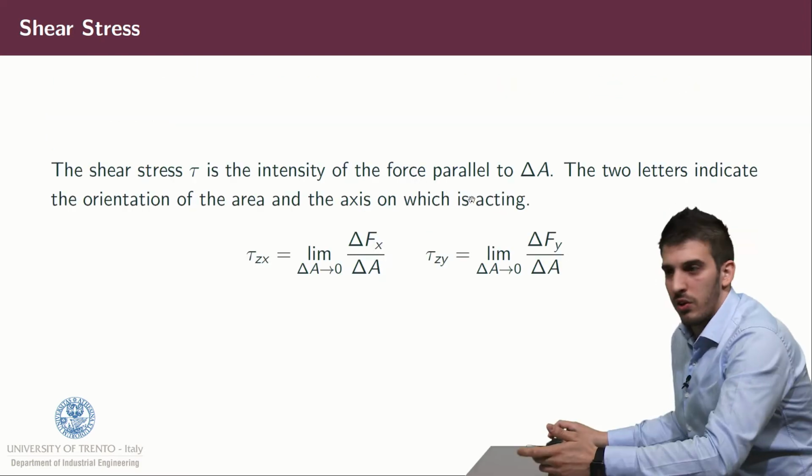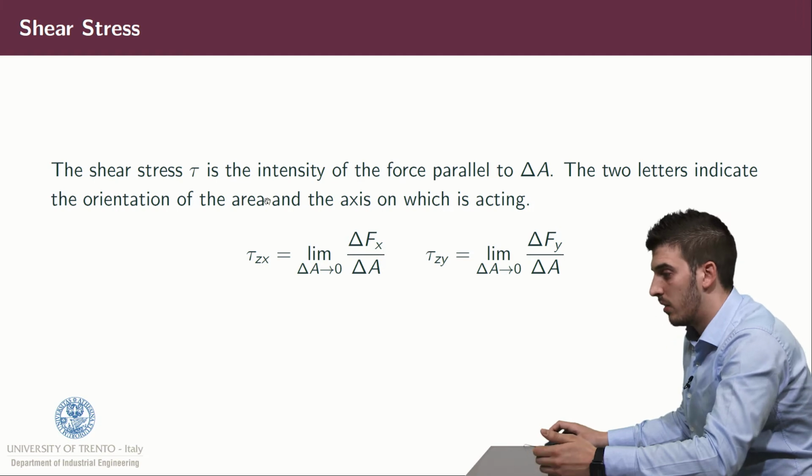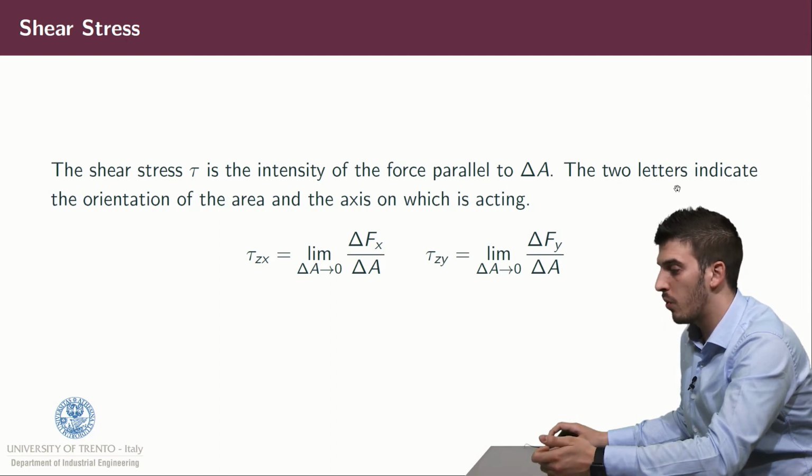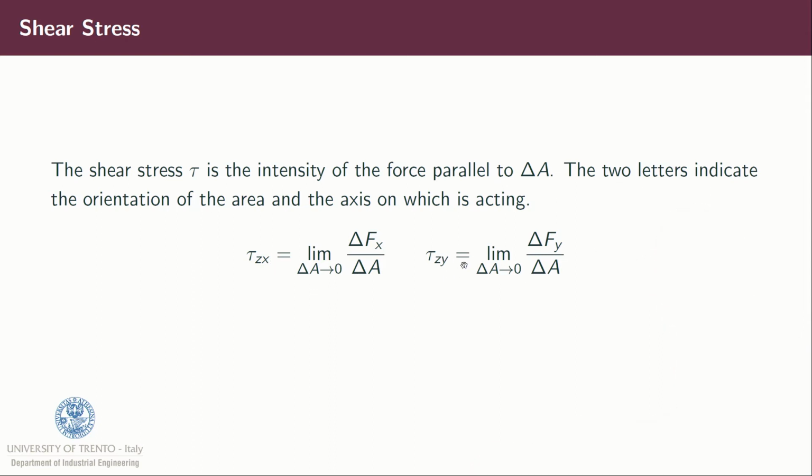We can also introduce the concept of shear stresses, tau, and those are the intensity of the force parallel to delta A. So we have tau zx and tau zy, for example, and those are the first, the limit of delta A going to 0 of delta Fx over delta A, and the second, the limit of delta A going to 0 of delta Fy over delta A. These shear stresses have two letters as subscript, and the first letter indicates the direction normal to the face of our cube, and the second is actually the direction on which the force is acting.